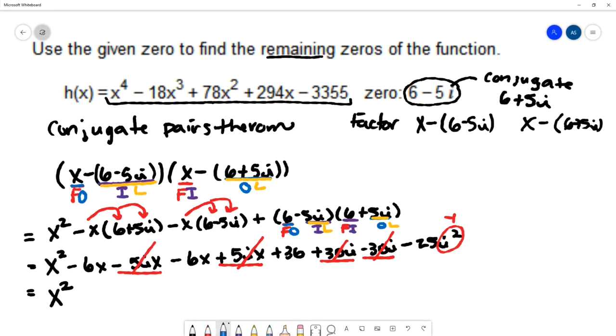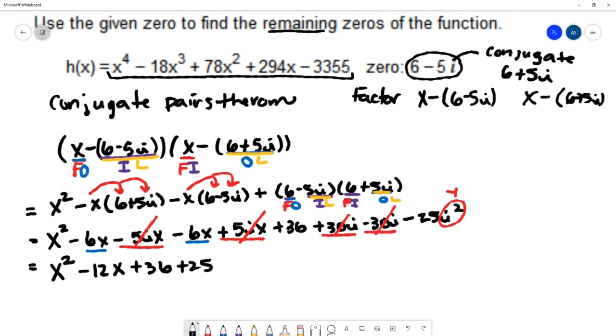I can combine these negative 6x's, that's a negative 12x. I've got a plus 36 and a plus 25. And that gives me x squared minus 12x plus 61.